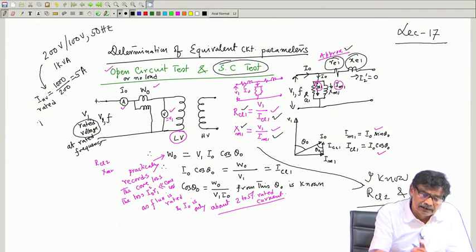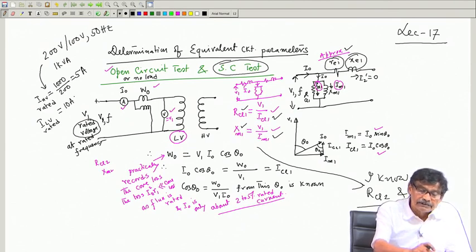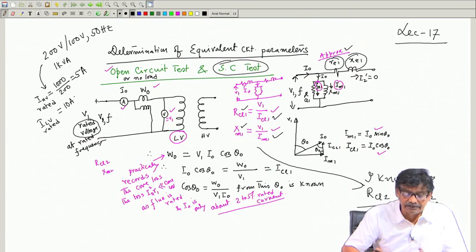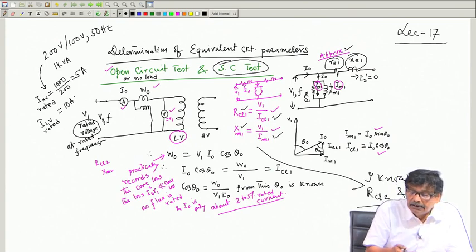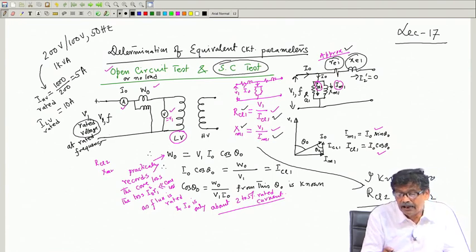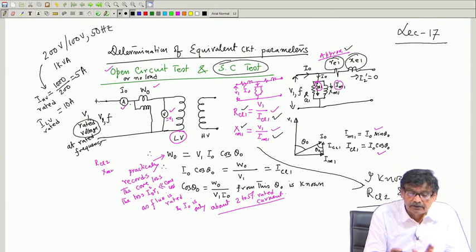And ILV rated will be 10 ampere. So, let us talk in terms of this transformer, then things will be much clearer. While doing the LV open circuit test, I should apply 100 volt here, the LV side I have to energize at 100 volt, and that is all.